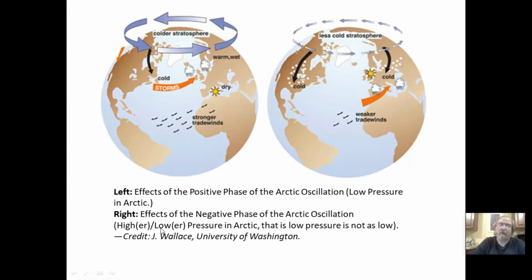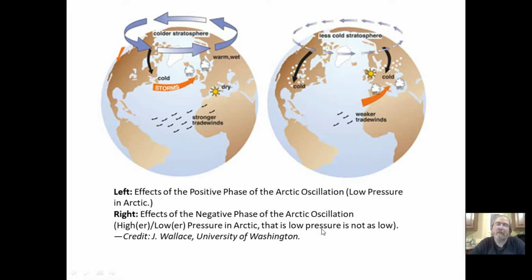You have high or low pressure in the Arctic. That is, low pressure is not as low. And then what happens is you get a spilling out of the cold air, so less cold stratosphere. What you need to keep in mind is that when we say low pressure, it's all relative.